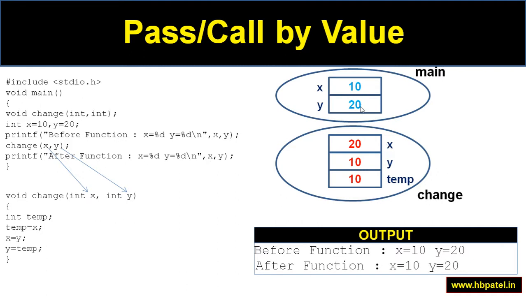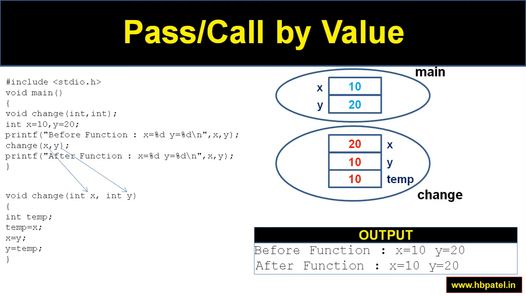It is just 10 and 20 only, because this is the property of local variables. The values of local variables are not reflected once the function is terminated. So x and y which are being changed in this function are not reflected to these variables. So both times I'll be getting 10, 20, 10, 20 as output.